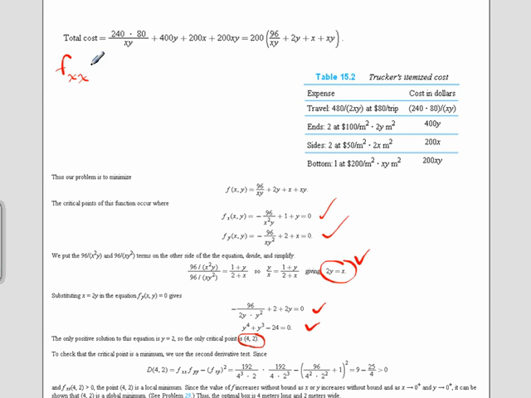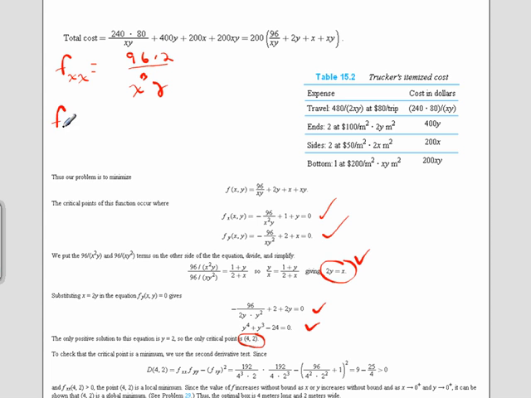So our second derivative with respect to x is going to be 96 times 2 over x cubed y.